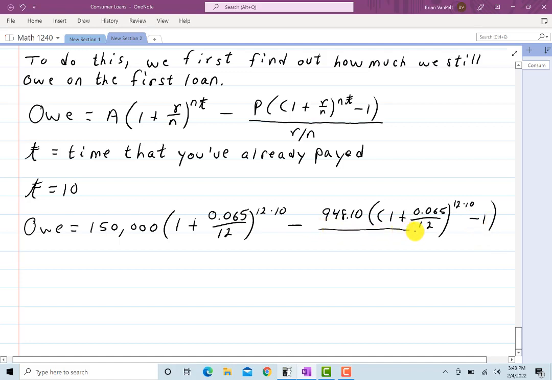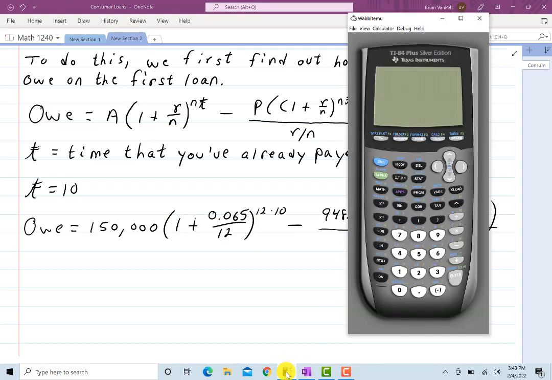And then this fraction is just for the second piece. I'll have 0.065 slash 12. That is a long thing. Let's see if I can get it into the calculator. None of it's really hard to put in there, but it's very lengthy looking.